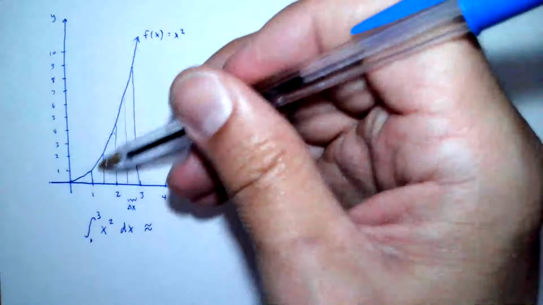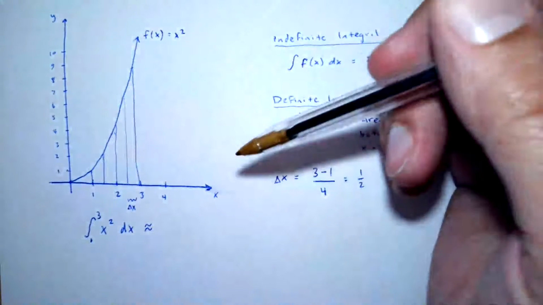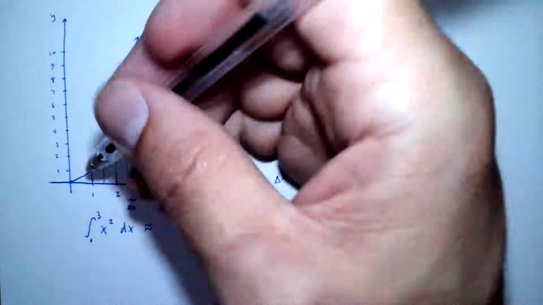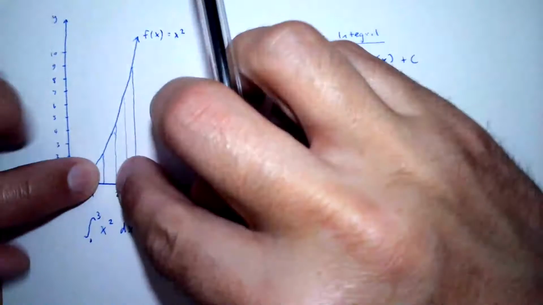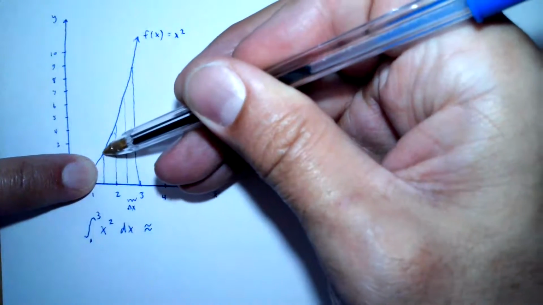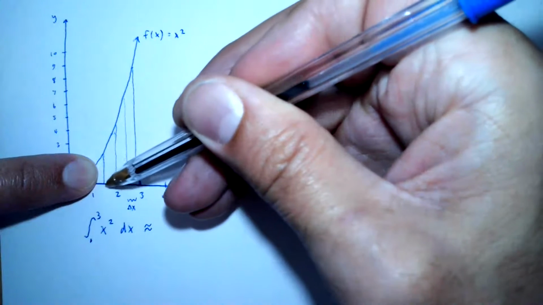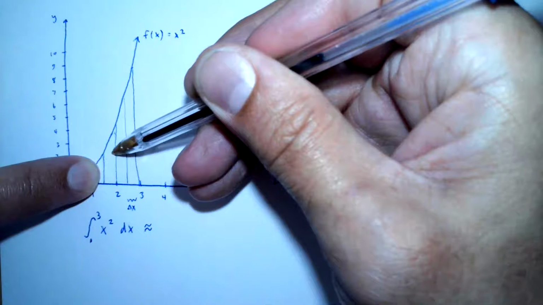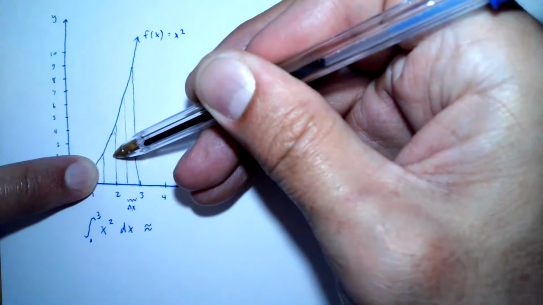Now, we haven't talked about how high these rectangles are. They're not rectangles yet, right? We still have this curvy part. So we could do this a few different ways. For each one of these rectangles, we could look at the left side of each sub-interval and say that's going to be the height of that rectangle.